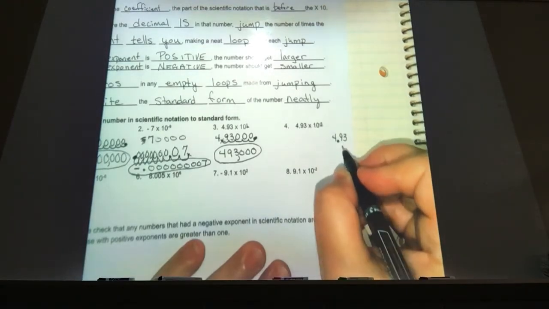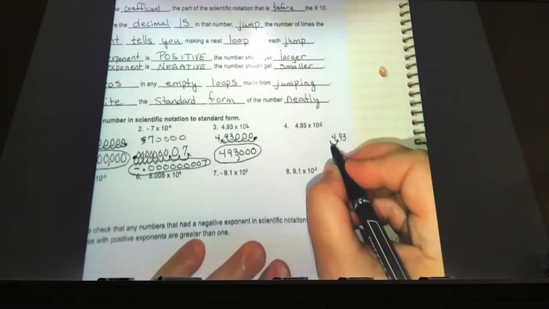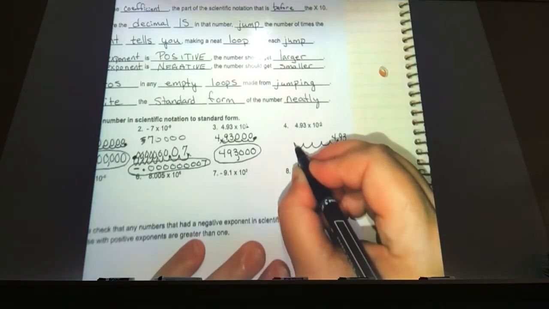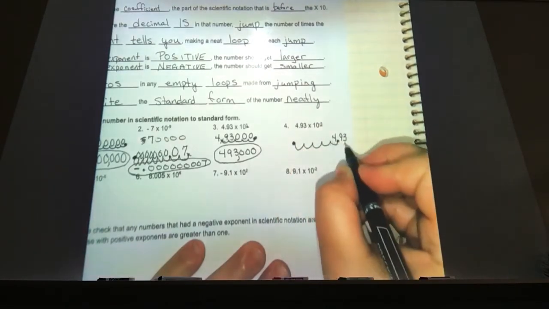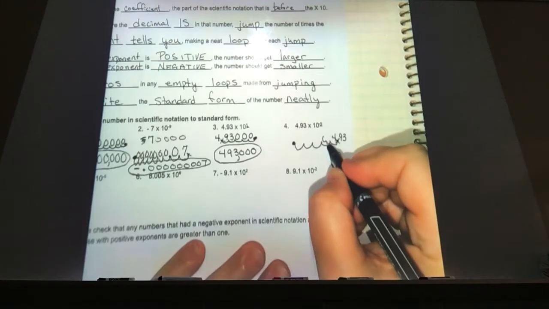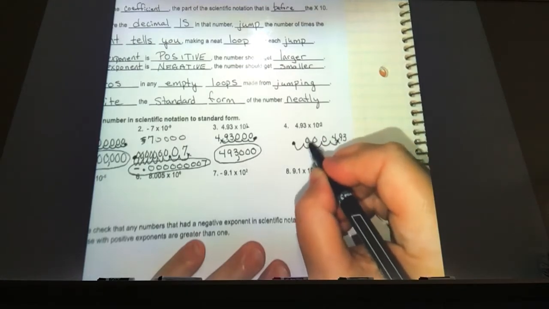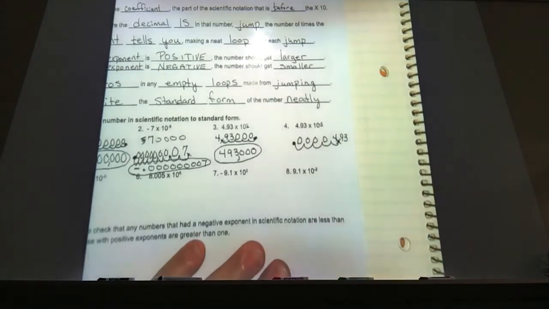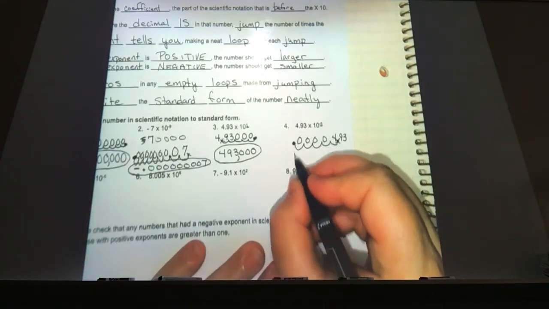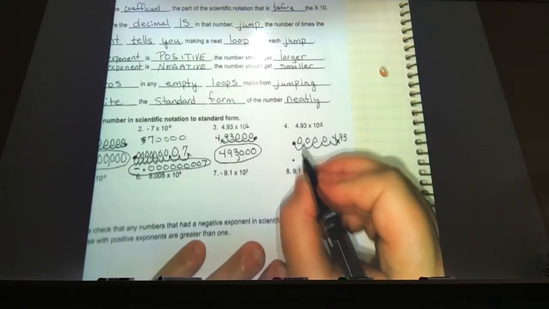It was here. It's going 1, 2, 3, 4, 5, and now it's here. It's no longer there. This loop already has a 4 in it, but the other four loops need zeros to fill them up. Rewrite it neatly. This was my decimal point.